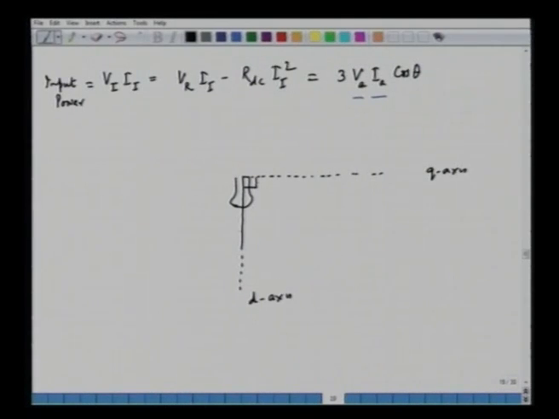And of course the field current is in the direction of the field axis. So we can say this is IF. This vector is IF, IF is in the d axis, and this IF induces some open circuit voltage, that voltage is in the q axis. So this is our EF. We know that the induced EMF and the flux or the MMF are at right angles to each other.